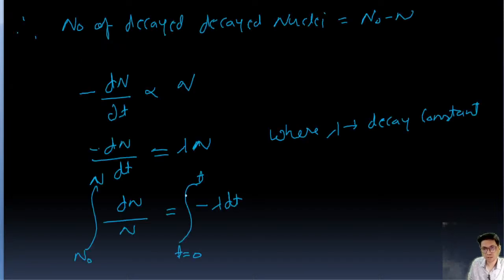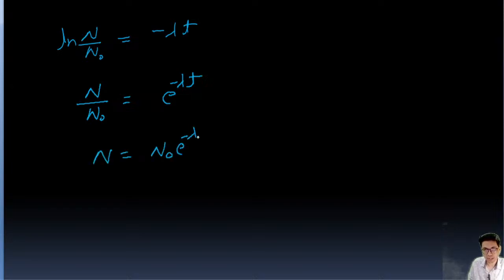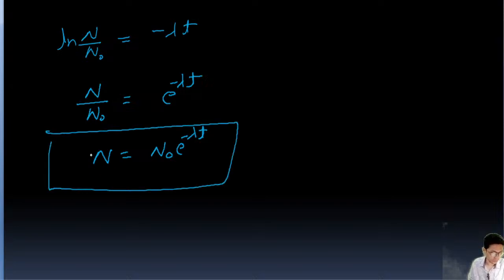So N upon N0 is equal to e to the power minus lambda t. So N is N0 e to the power minus lambda t. This is an important formula, guys. You need to note it down and memorize it.